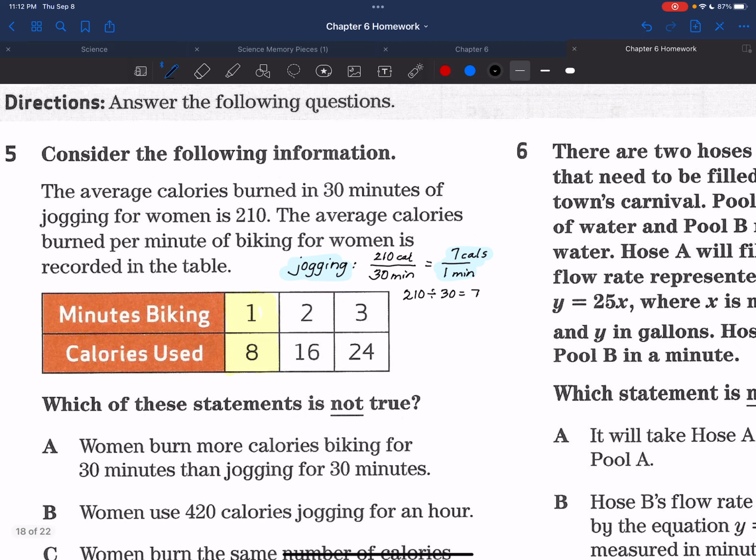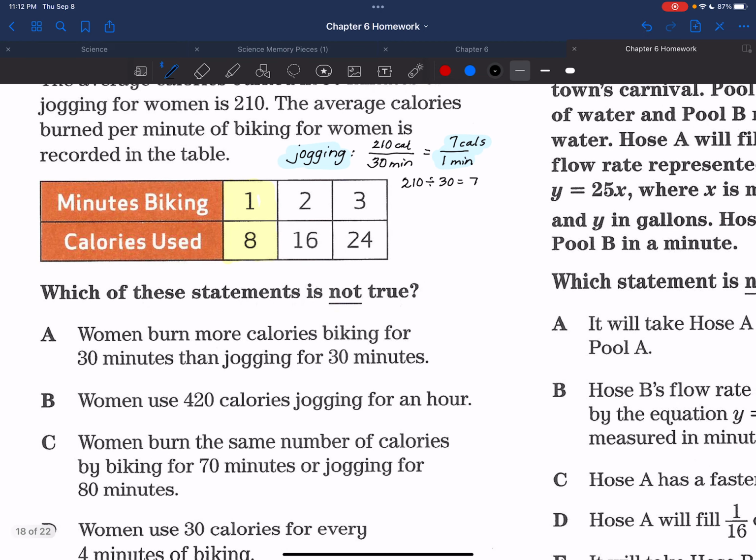Which of these statements is not true? Women burn more calories biking for 30 minutes than jogging for 30 minutes. Well, biking is 8 per minute times 30. So that's 240. And jogging is 7 per minute times 30. That's 210. That is a true statement.